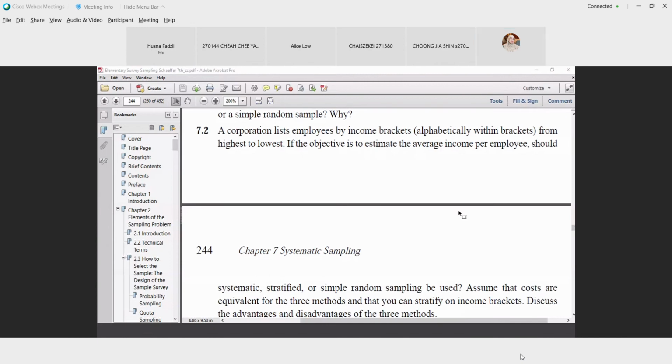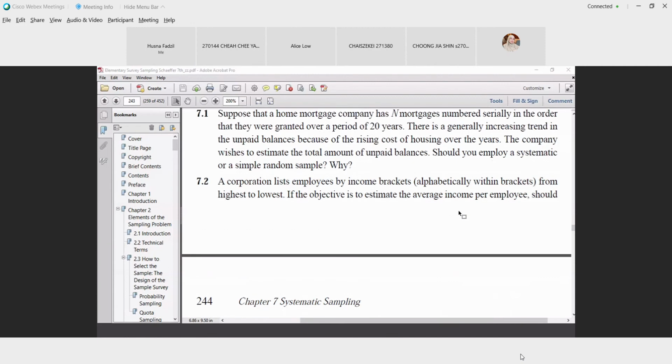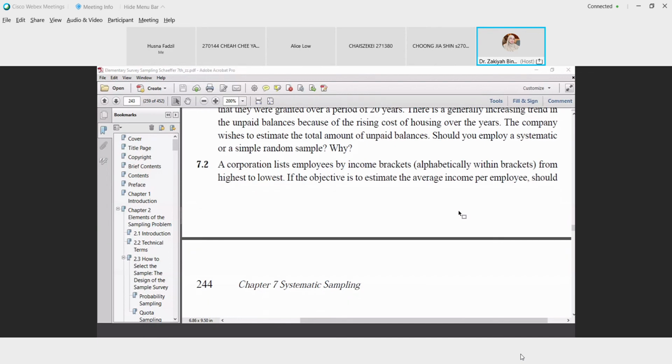Okay, income. Income per employee. Do you think income is normally distributed? I'm sure you have come across income data before. Is income or salary normally distributed, or most of the time it's skewed? Take note, the CEO's salary is also included in the employee salaries, with top management and all.